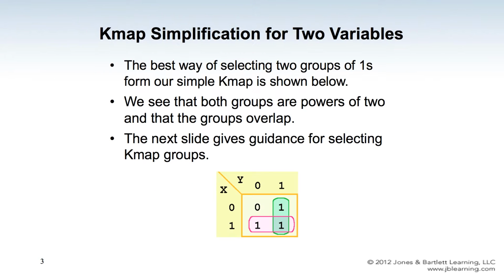Back to the example, we can either have two groups of one element, one right here and one right here, or we can make a larger group by combining the two of them. The rule says we need to make the largest one possible, so in this case the two of them form the largest possible group, instead of two separate one-element groups.